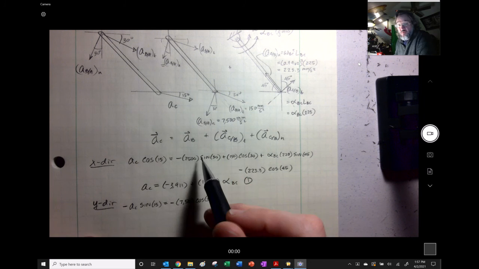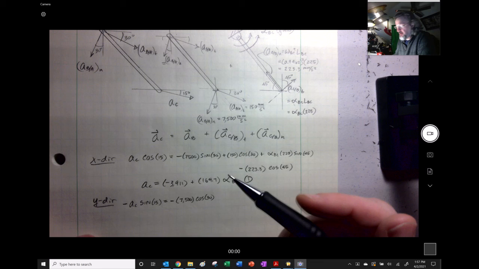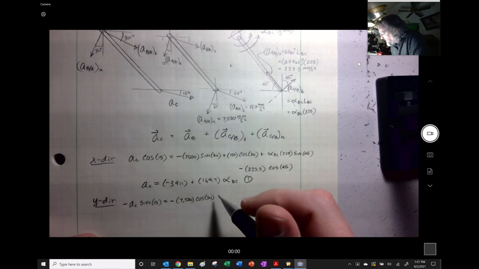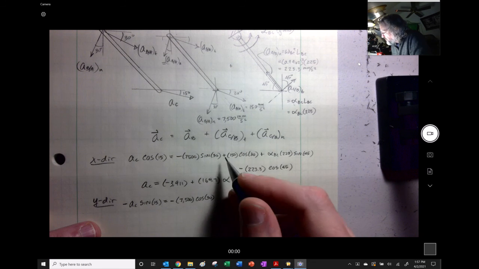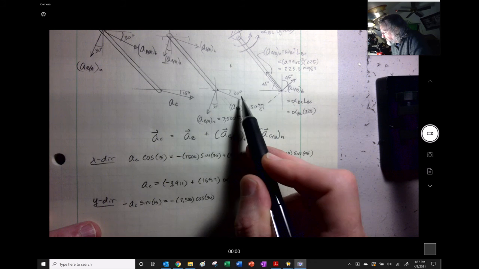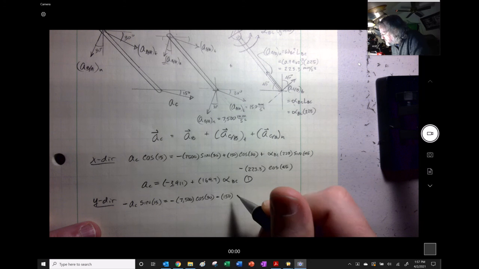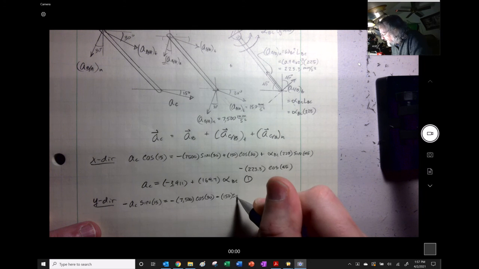And by the way, notice when you're doing these, there's a sine here, there's a cosine there. It's just a double check that you didn't go too quickly and look over something. This one is also negative, and that's going to be the sine of 30.